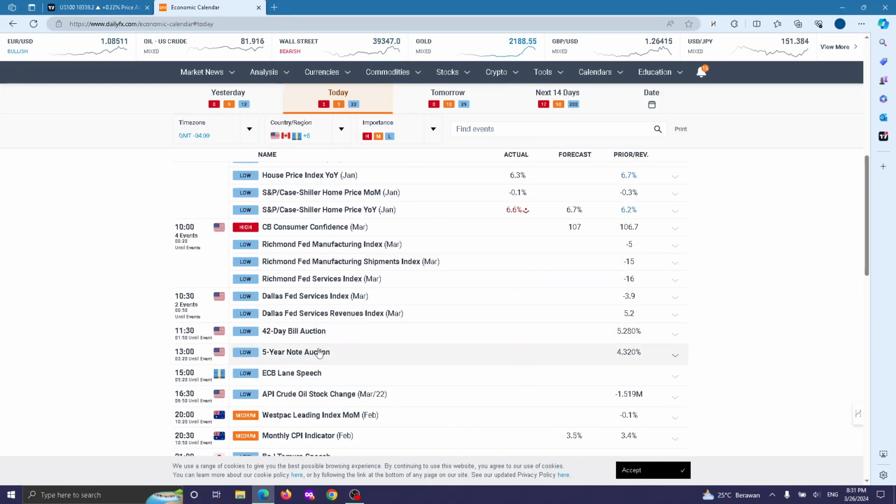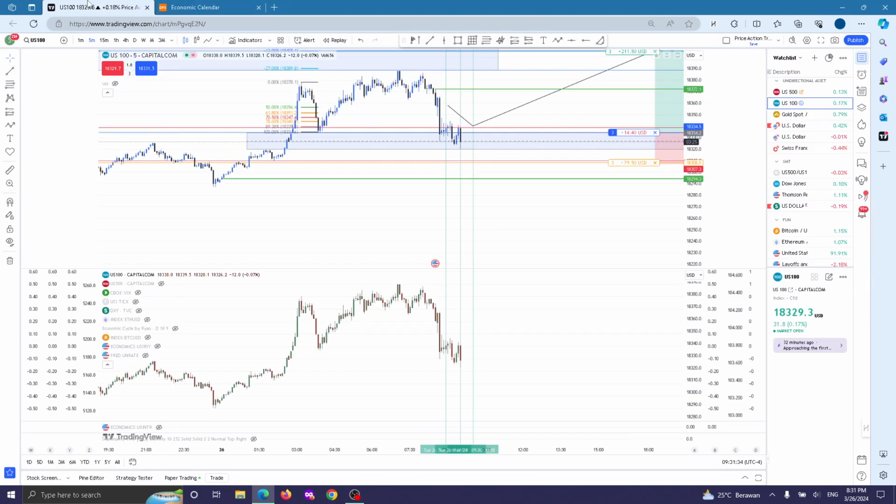Then we have 10:30, 11:30 for the bill auction. I'll stop trading at 12, so 11:30, 12. Yes, this is 11:30 news. Embargo. I'm gonna stop trading at 12. Just gonna mark 11:30 for the volatility news.